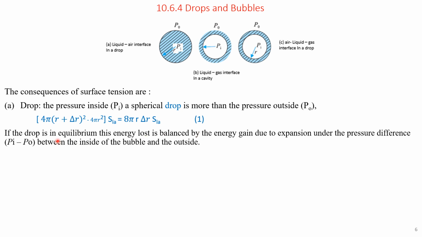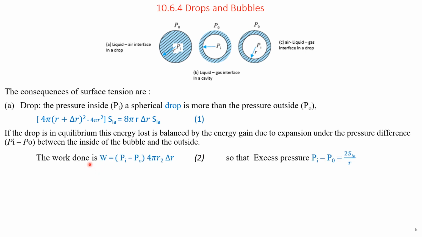If the drop is in equilibrium, this energy loss is balanced by energy gain due to expansion under the pressure difference Pi minus Po. That is the pressure difference inside and outside between the bubble and outside.